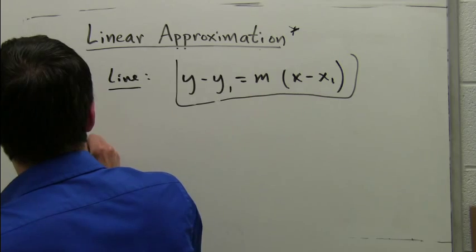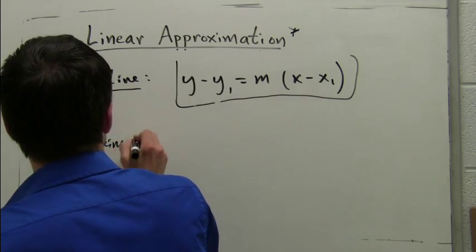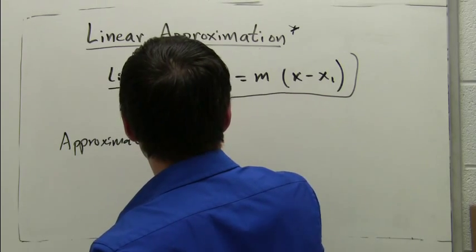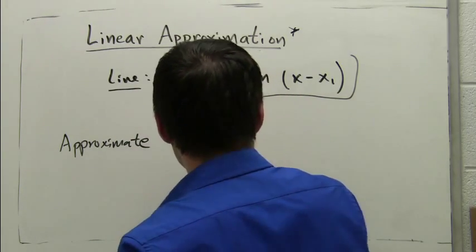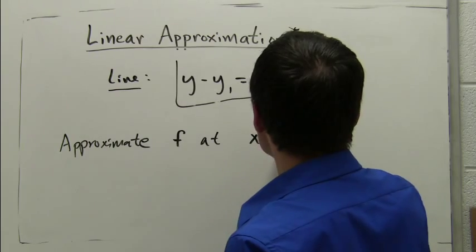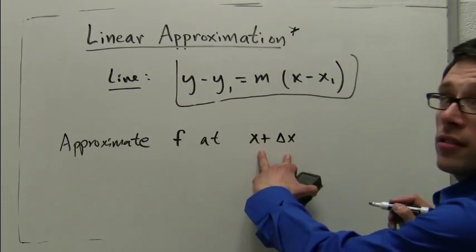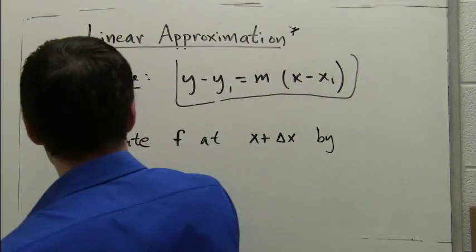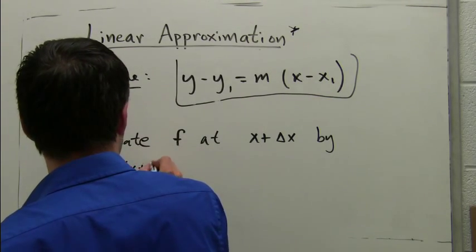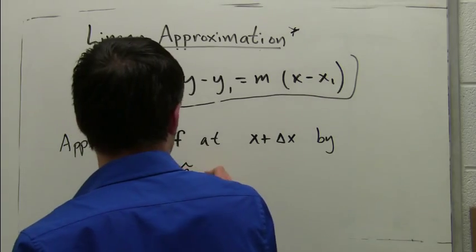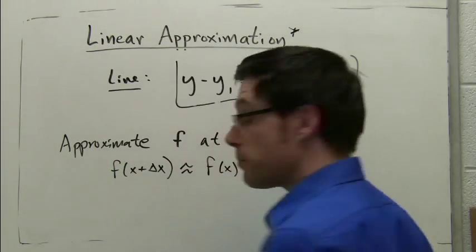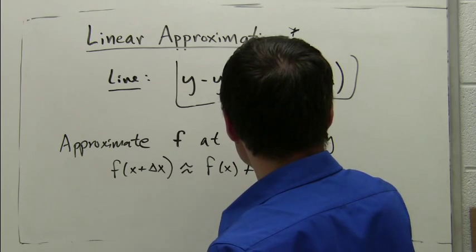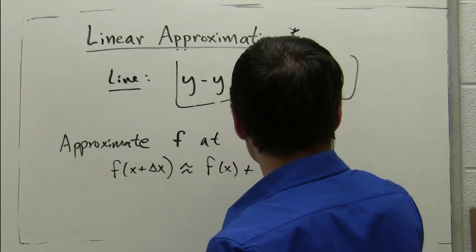So we can approximate f at x plus a little bit, x plus delta x, by the equation f of x plus delta x is approximately f at x, just as I had written before, plus f's derivative at x times delta x.